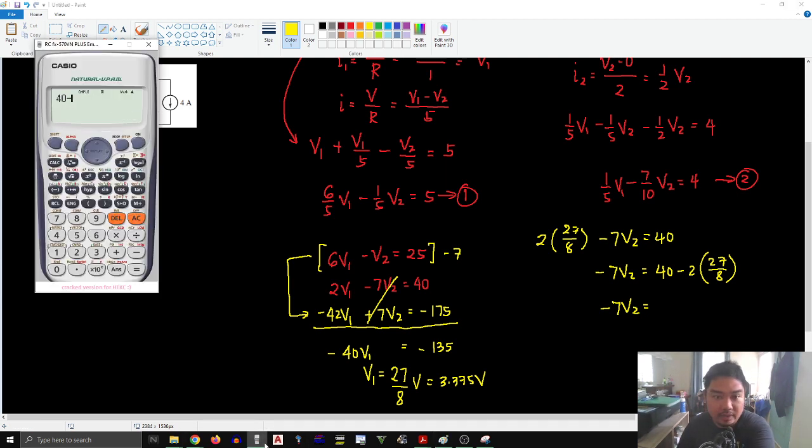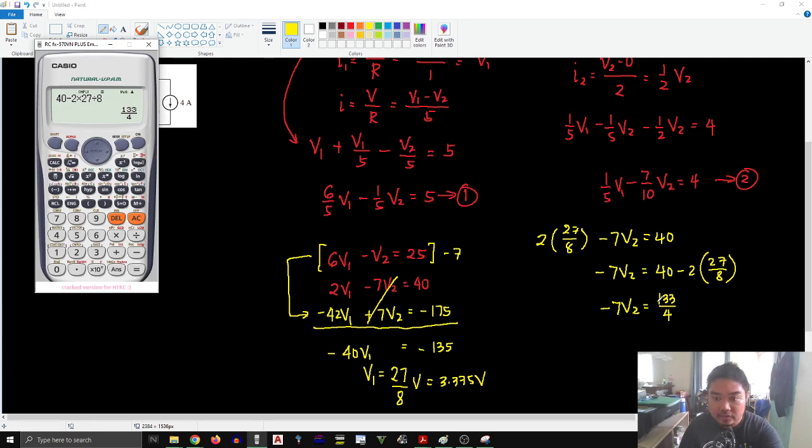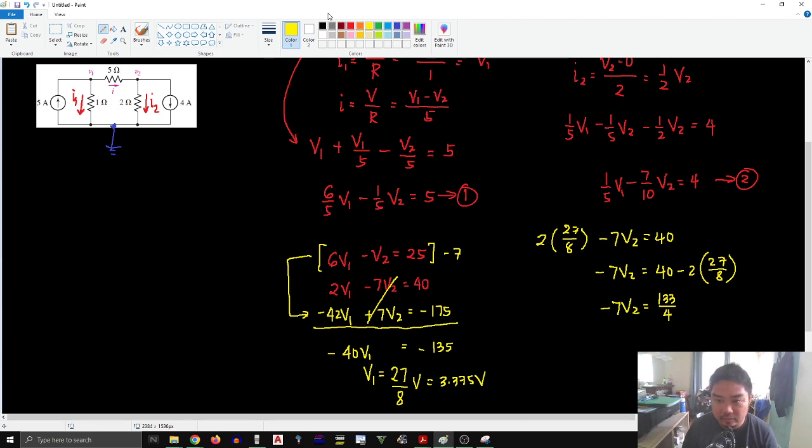So 40 minus 2 times 27 over 8 is 133 over 4. That's positive, right? Yes, positive. So then divide both sides by negative 7. This will be negative 19 over 4.